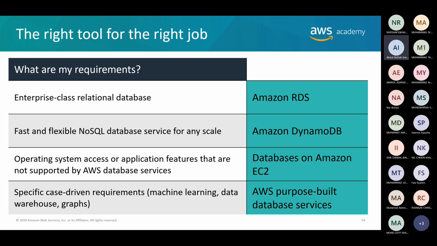For operating system access or application features that are not supported by AWS database services, guna a database on Amazon EC2. And then for specific use case-driven requirements, machine learning, data warehouse, graph, and so on, ada Amazon Redshift and so on. So AWS prefers purpose-built database services.